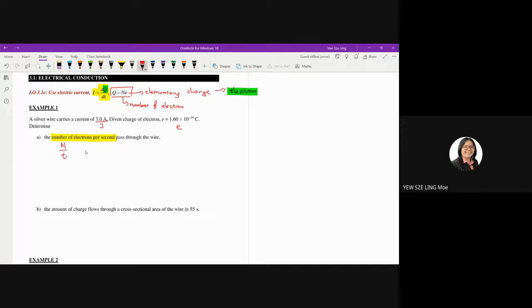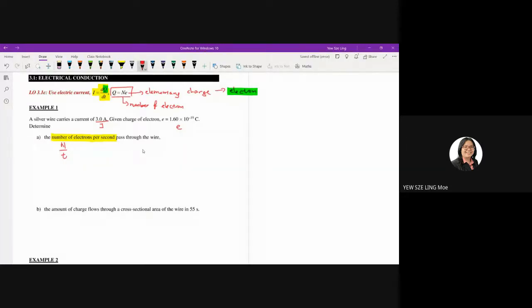Not just the number of electrons, not just time, but a fractional value, N over t, for the electrons that pass through the wire. So now you want to see how many electrons you have in the wire. You need the value.